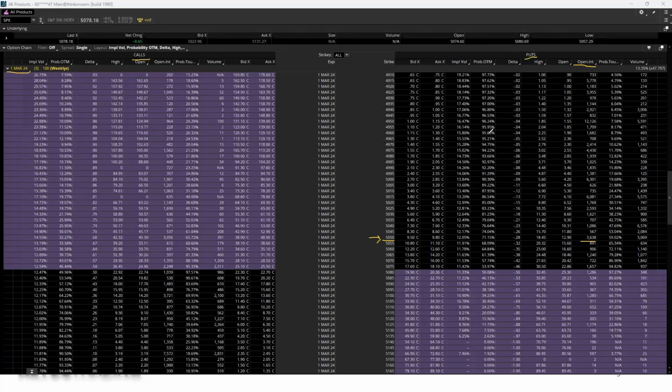This number does not update during the trading day. When you get up in the morning and the market opens, you see the open interest, and it's going to stay at that because it's from the previous day. It will update after market close, and it will remain at that number for tomorrow's trading until it updates again after market close.